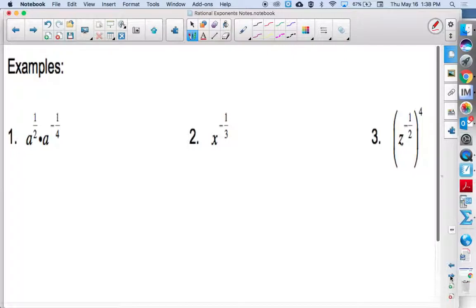It would be 1/2 plus negative 1/4. So the 1/2 really becomes 2 over 4, which is what Chelsea was doing mentally there. And then that becomes just a 1/4. So getting a common denominator, 1/2 is really 2/4, plus a negative 1/4 makes a positive 1/4.